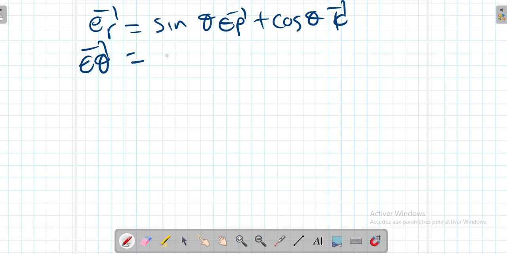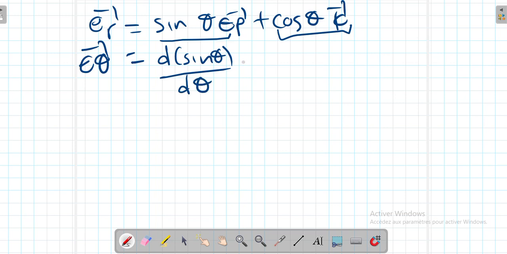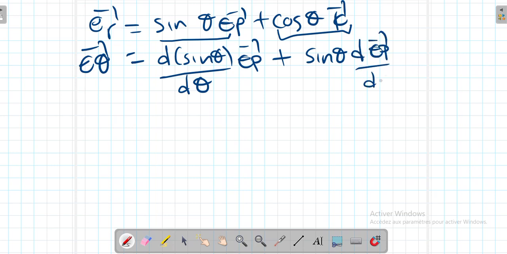So let's find the derivative of ER. It is simple. You apply the product rule, because the first term is a product and the second term is a product. How do you apply the product rule? You find the derivative of sine theta with respect to theta, keeping E rho constant, then you add the second thing: you keep sine theta constant and find the derivative of E rho with respect to theta.